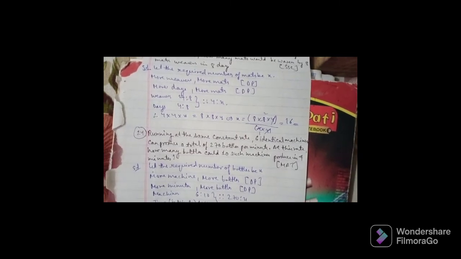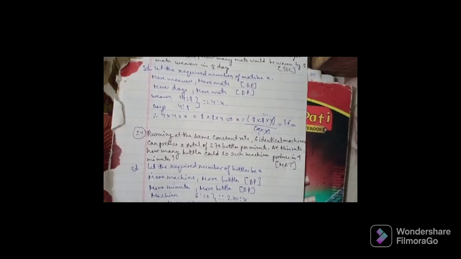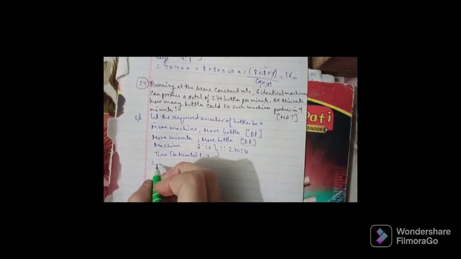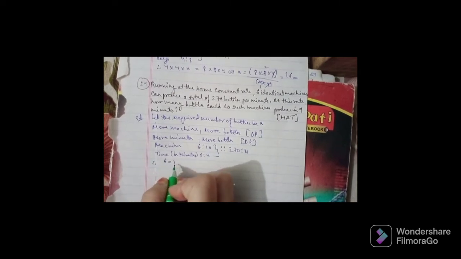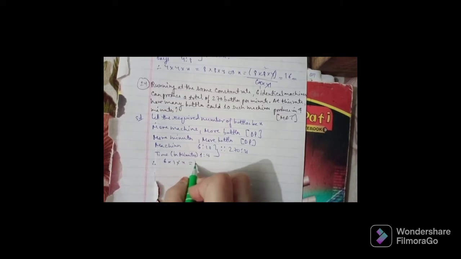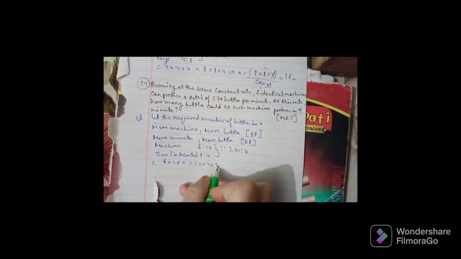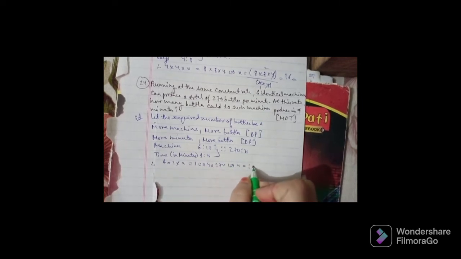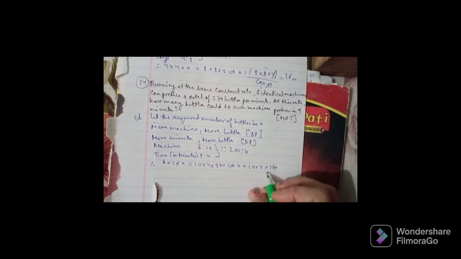So that is 6 into 1 into x equals 10 into 4 into 270, which is x equals 10 into 4 into 270 upon 6.